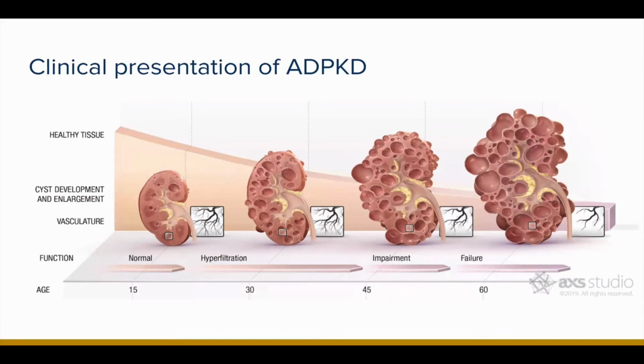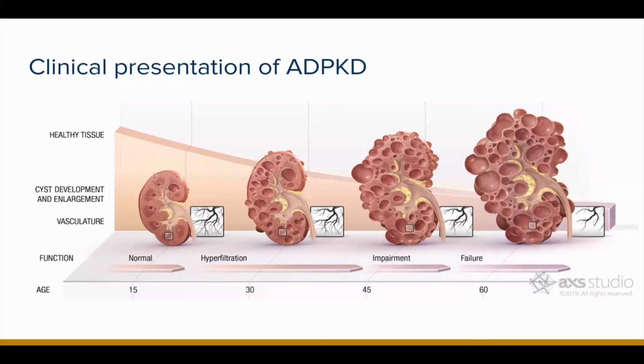Now, I thought this was a useful figure to demonstrate the clinical progression of the disorder with an increase in number of cysts and the size of these cysts across the disease spectrum over time. And the result is that an increase in the number of cysts disrupts the amount of functional parenchyma, and the increase in the size of these cysts leads to regional ischemia with further exacerbation of the function of this parenchyma.